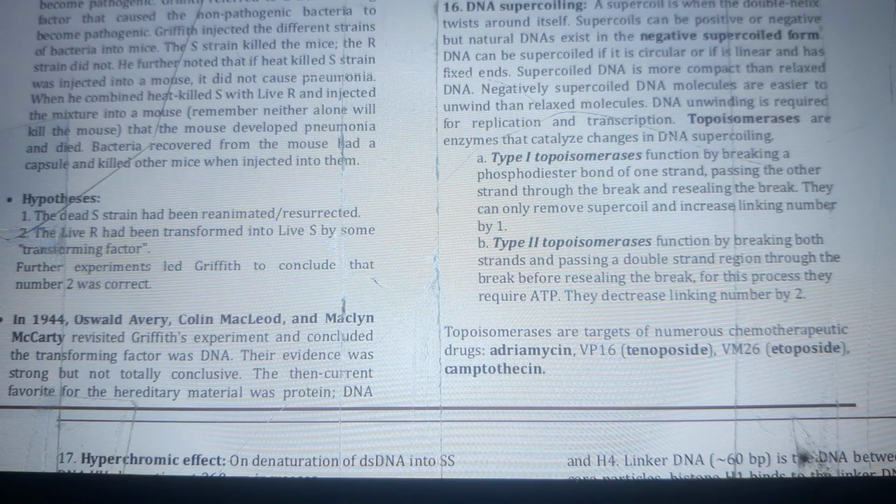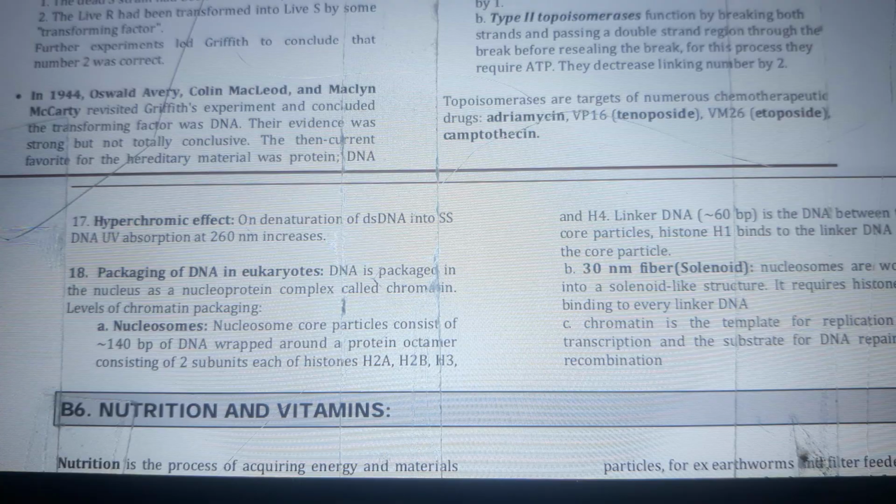Type 2 topoisomerases function by breaking both strands and passing a double-strand region through the break before resealing the break. For this process, they require ATP. They decrease the linking number by 2. Topoisomerases are targets of numerous chemotherapeutic drugs: erythromycin, VP16, teniposide (VM26), etoposide, and camptothecin.